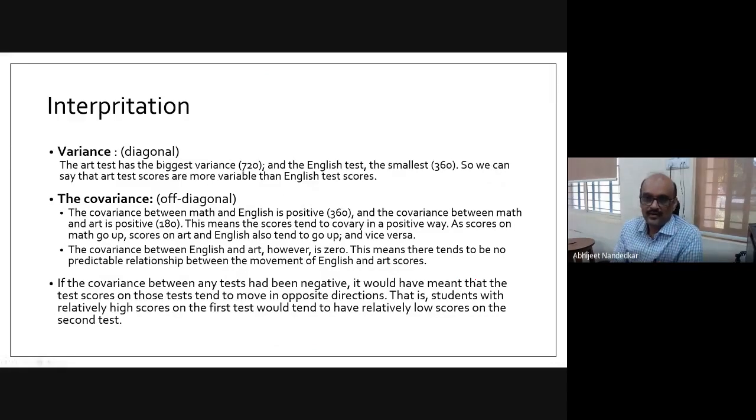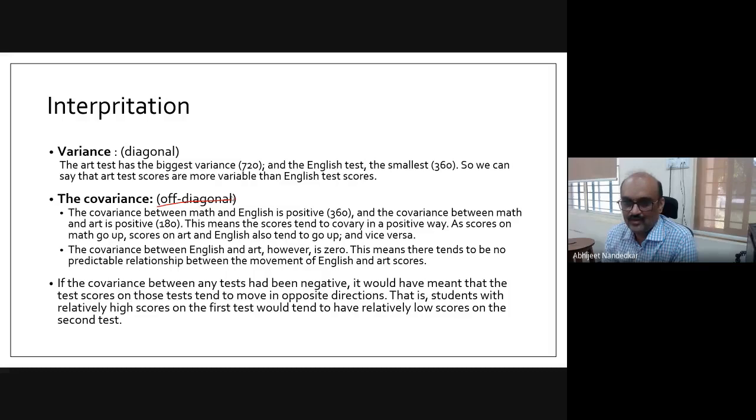The art test has the biggest variance and English test has the smallest variance. So we can say that art test scores are more variable than English test. And what about off diagonal elements here? The covariance between maths and English is positive 360 and covariance between maths and arts is 180.